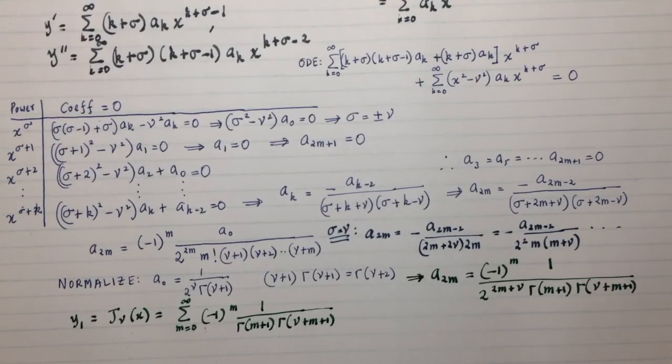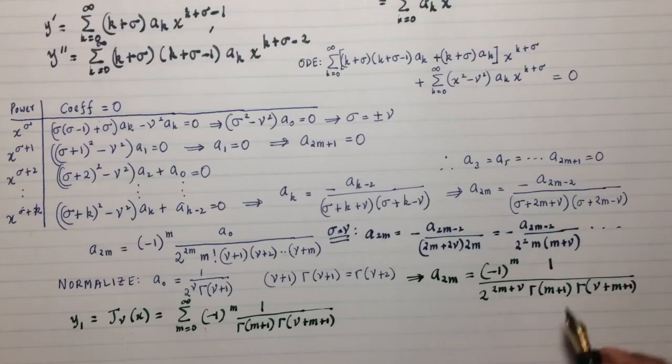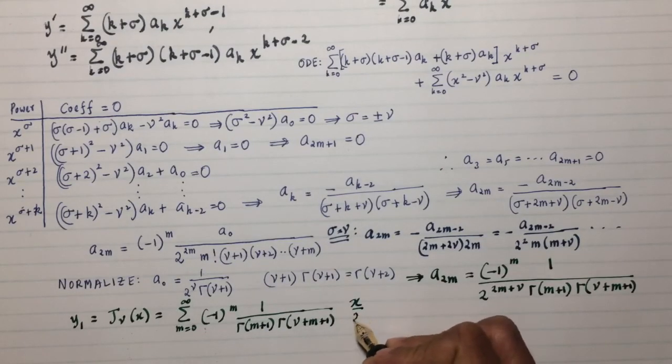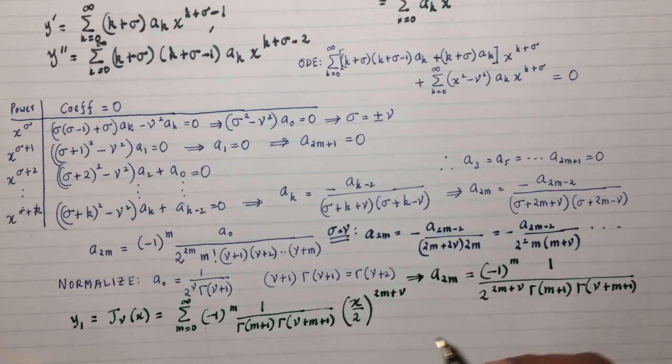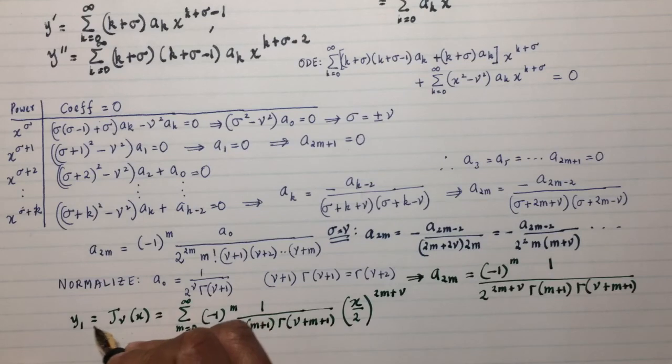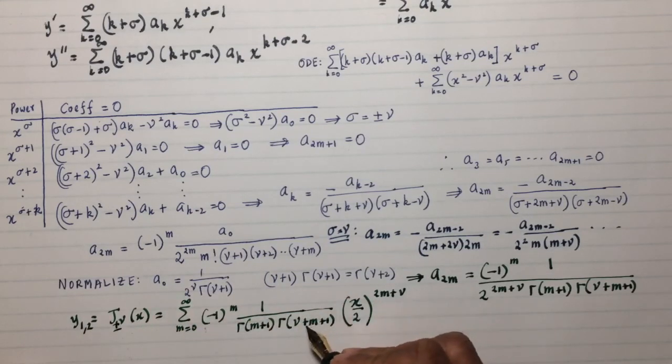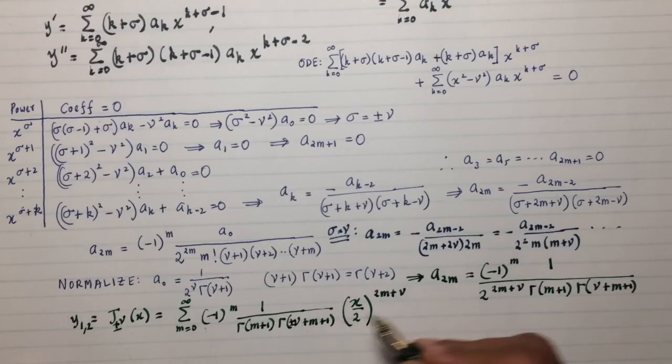So that's going to be x to the 2m plus nu, and 2 to the 2m plus nu. So we can write this as x over 2 to the power 2m plus nu. And the other solution is j minus nu. So all I have to do is change this to minus, and I'm done.